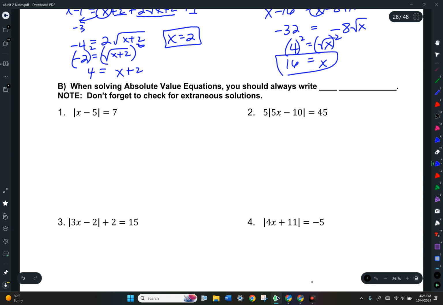Now let's talk about solving absolute value problems. And this is exactly what you would have done. Actually, you would have done this both in Algebra 1 and in Algebra 2. So when solving absolute value equations, you should always write 2 equations.